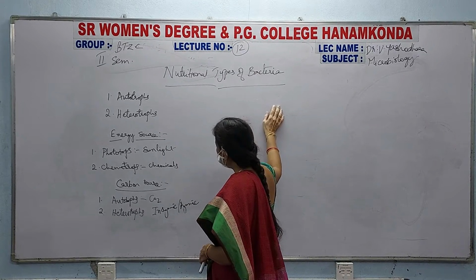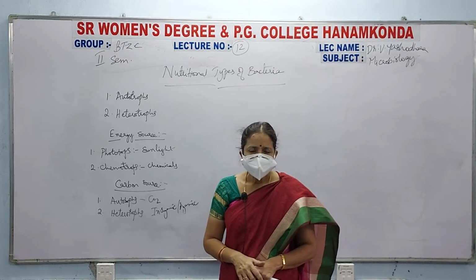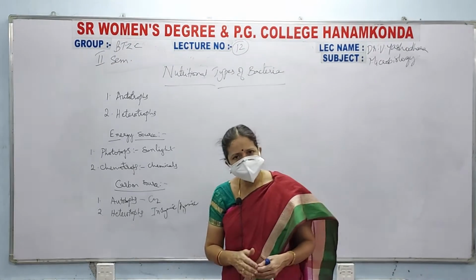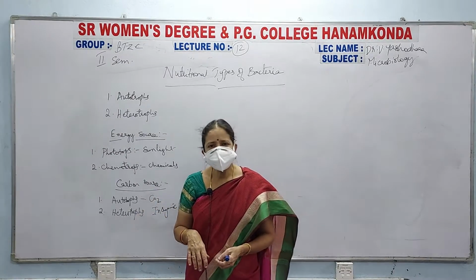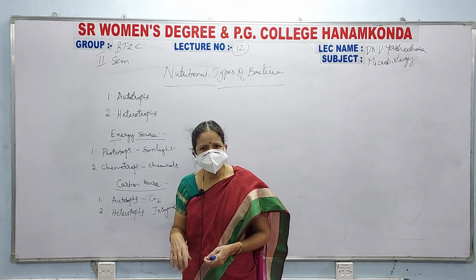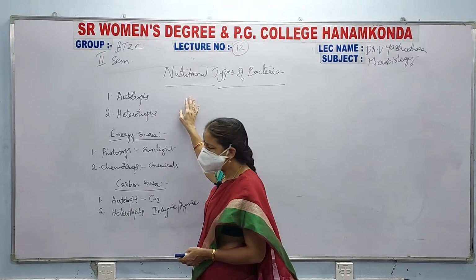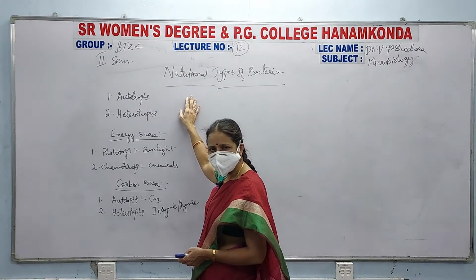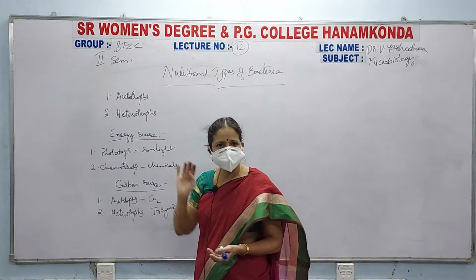According to the nutritional types of bacteria, bacteria absorb nutrients. Either they can synthesize the nutrients, or they are dependent on other organisms for their food. Based on that, the microorganisms are classified into autotrophs and heterotrophs. What are autotrophs?